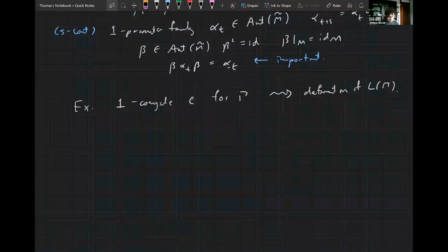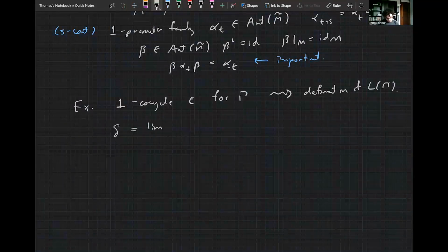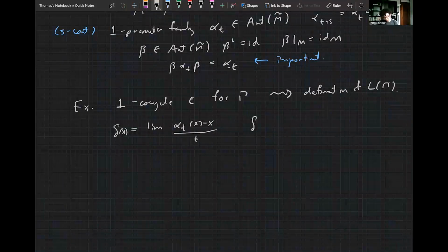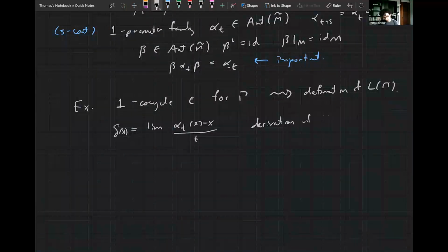If you look at the differential of a deformation, which will exist on a dense subalgebra, this gives you a derivation of the algebra into some bimodule.